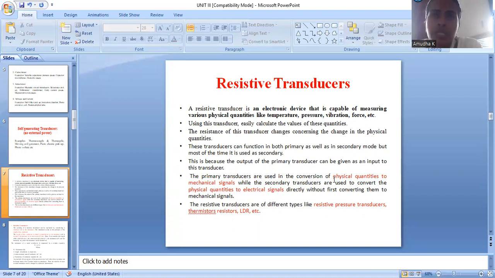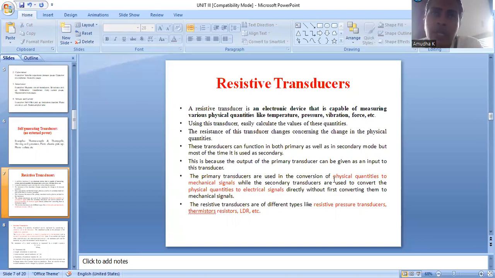So in a resistance transducer, if the resistance value changes, the transducer is measuring the physical quantity, so the measurement also varies with the physical quantities. This is the concept of a resistance transducer. In a capacitive transducer, the capacitance value affects the measurement.